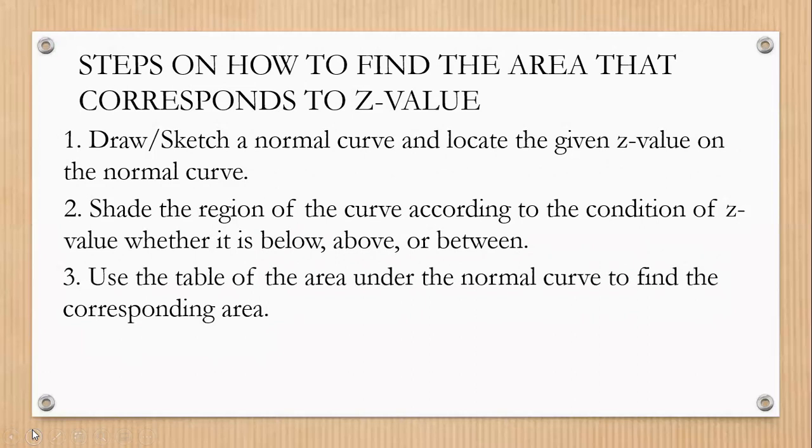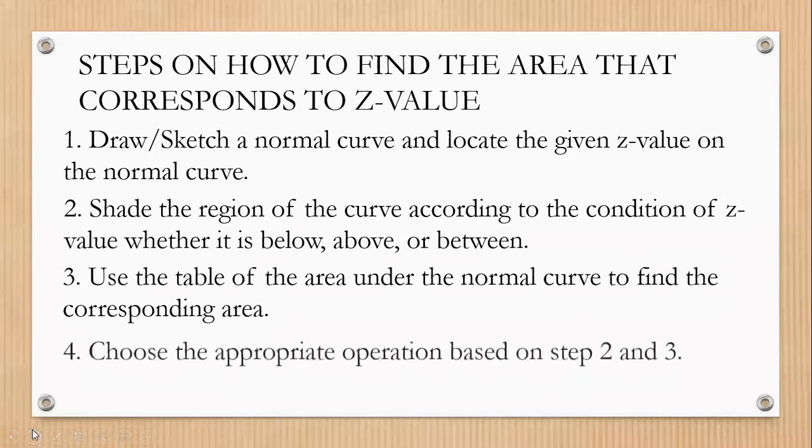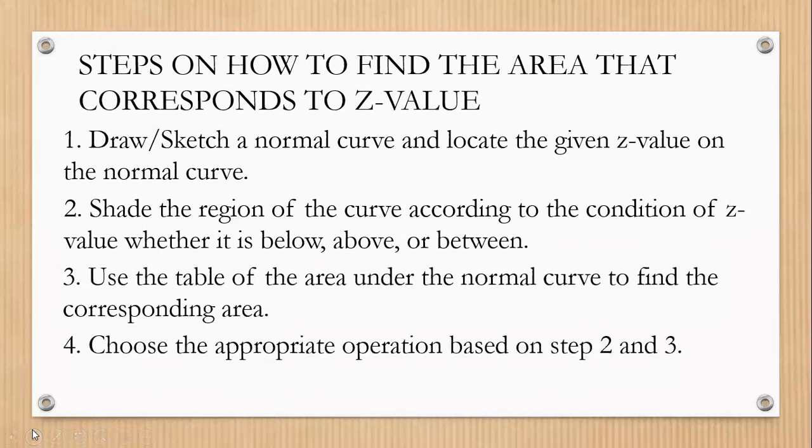Then use the table of the area under the normal curve to find the corresponding area. Then choose the appropriate operation, whether you will use addition or subtraction, based on your illustration on the normal curve.